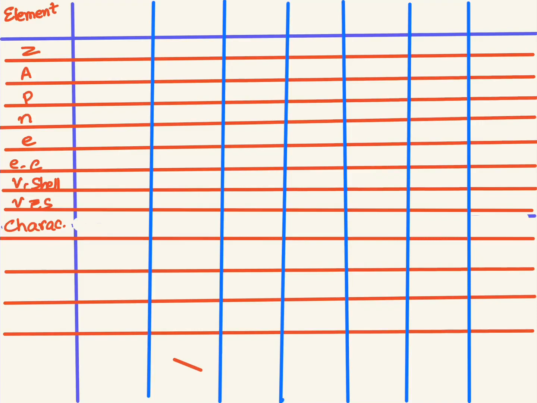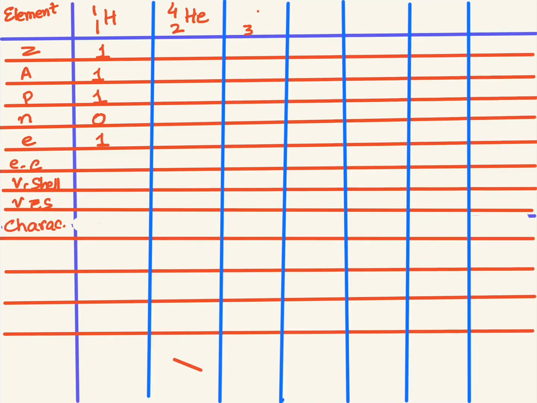Now what I'm going to give you is, I will give you the elements one at a time. So 1H1. Write down its atomic number, mass number, number of protons, number of neutrons, number of electrons, and forget about the electronic configuration, valence shell, valence electrons for now. We'll come back to this chart later on. Okay. Now go on to 2He4.